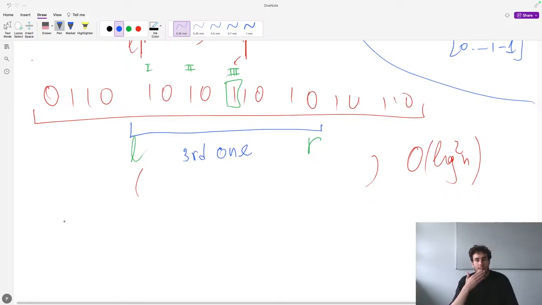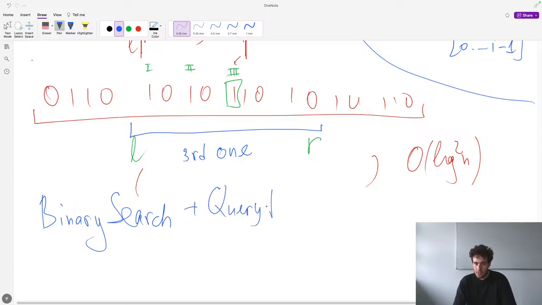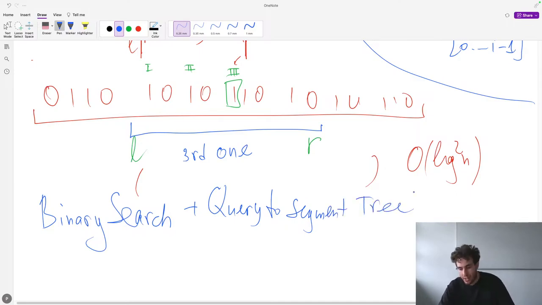And this is a thing that I would like you to remember. If you have binary search plus a query to a segment tree, a lot of the time you can just combine those together. Let me write it down for myself. If you're trying to binary search your right boundary, a lot of the time, instead of that, you can use your segment tree.